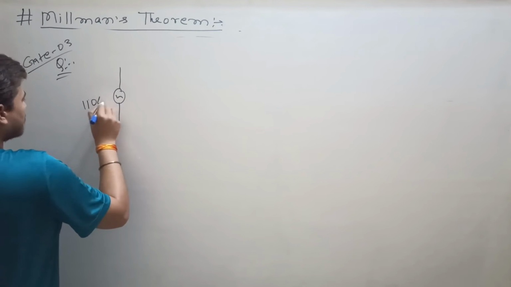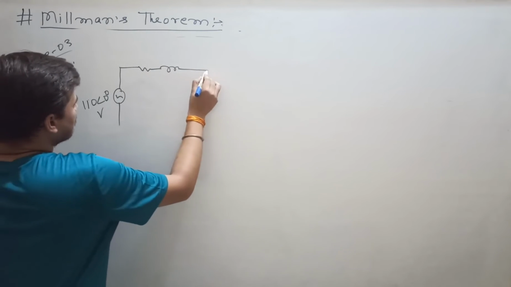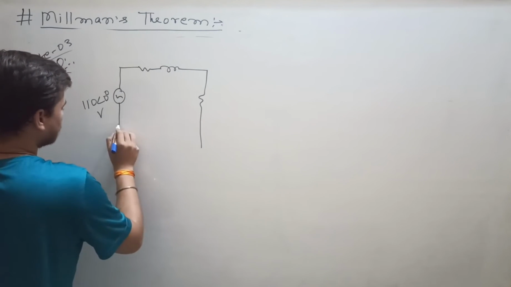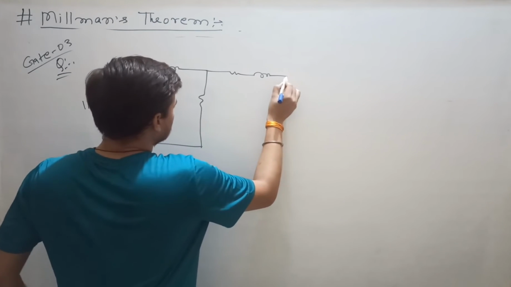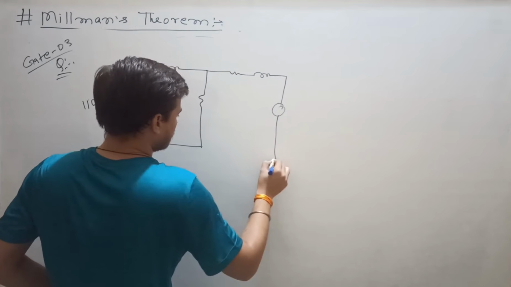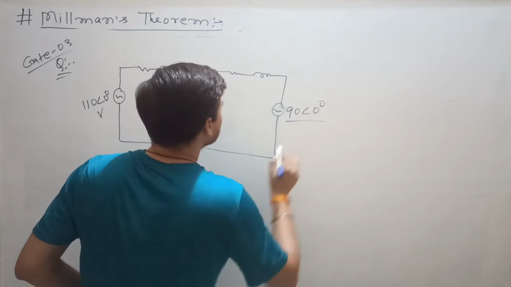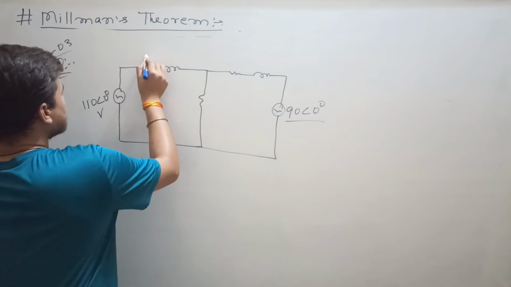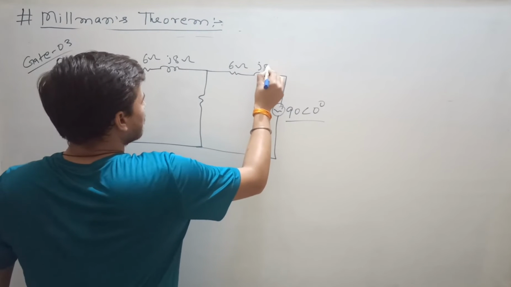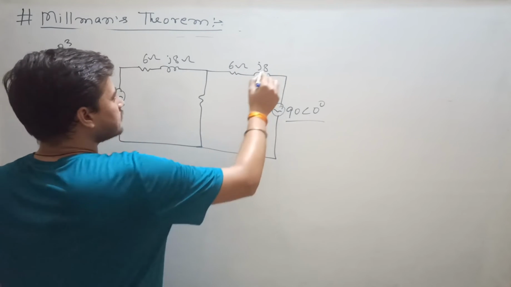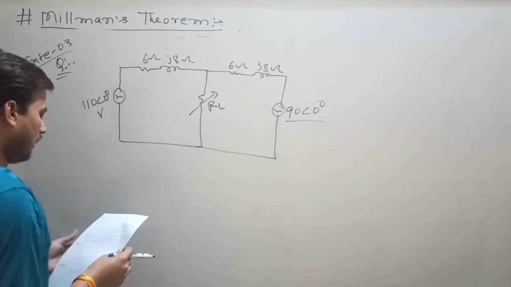110 at the angle 0 degree volt. Here it is 90 at the angle 0 degree volt, 6 ohm, J8 ohm, 6 ohm, J8 ohm. This is the variable load RL.